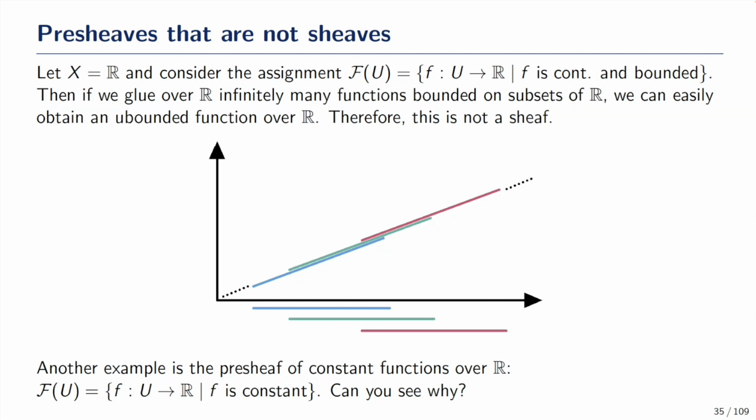If your U is connected, then it seems to me that must be a sheaf, right? I'm not sure I understand your point. Like if you took a real line with a gap in it, then you could have separate ones. Whereas if it's connected, then you have to include it. They'll only overlap if they're the same.